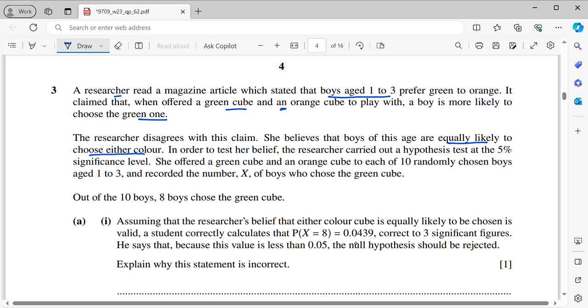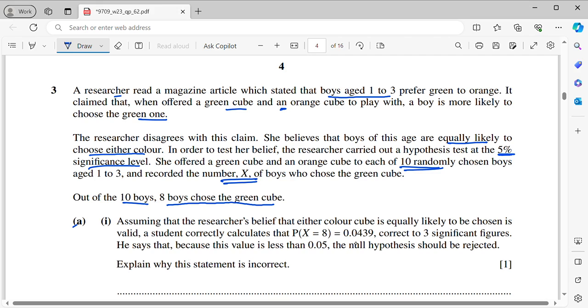In order to test her belief, the researcher carried out a hypothesis test at 5% significance level. She offered a green cube and an orange cube to each of 10 randomly chosen boys, aged 1 to 3, and recorded the number, which is X, of boys who chose the green cube. Now, out of 10 boys, 8 boys chose the green cube.